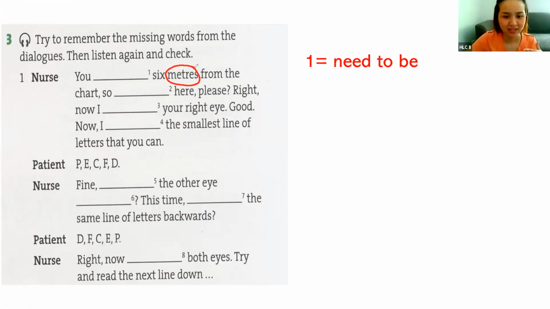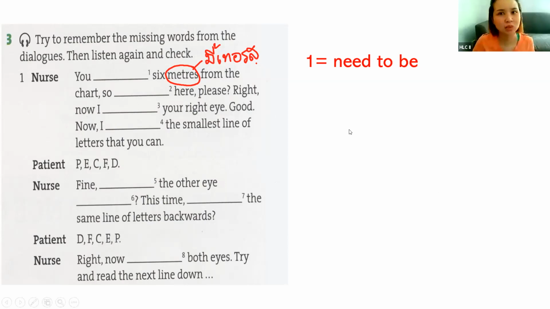You cannot say it the Thai way, otherwise Falang will not understand you. It's meters. So this patient has to stand away from the chart for about 6 meters. That's quite a long distance for me.